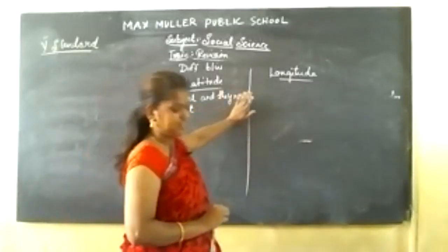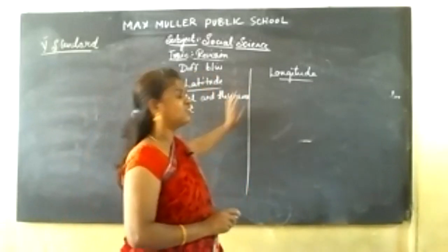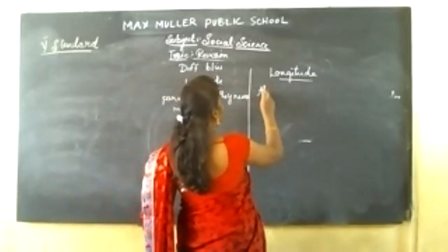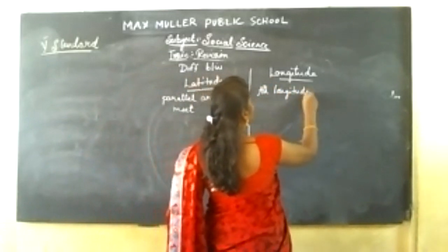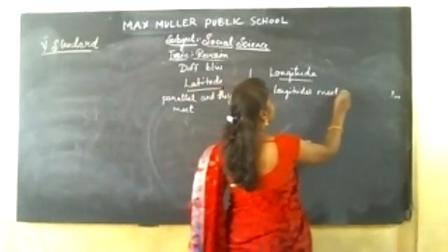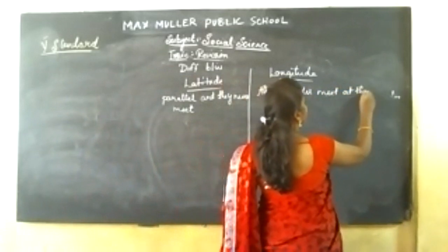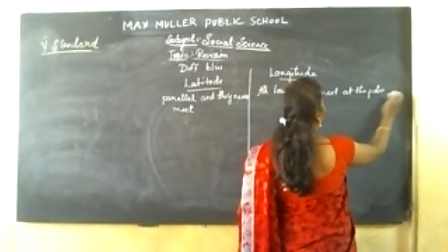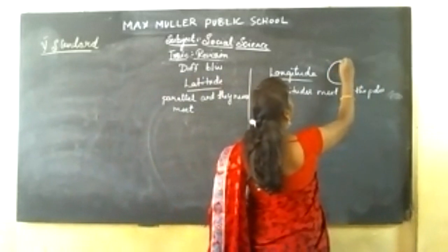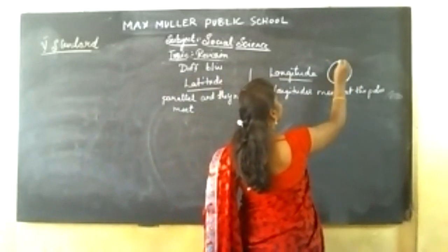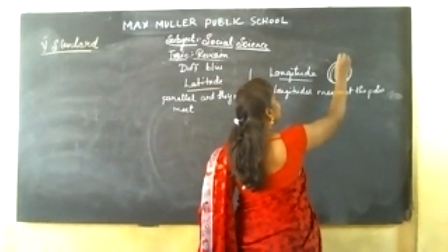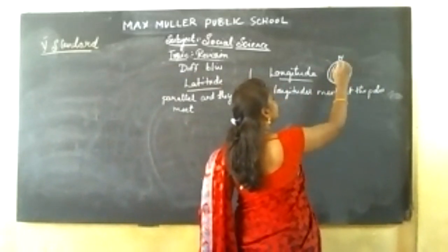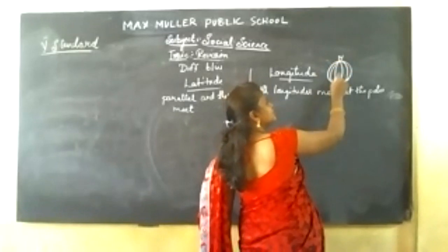Whereas in longitude, all the longitudes meet at the poles. So all the longitudes are meeting at the pole. You can see it's joining from north to south.